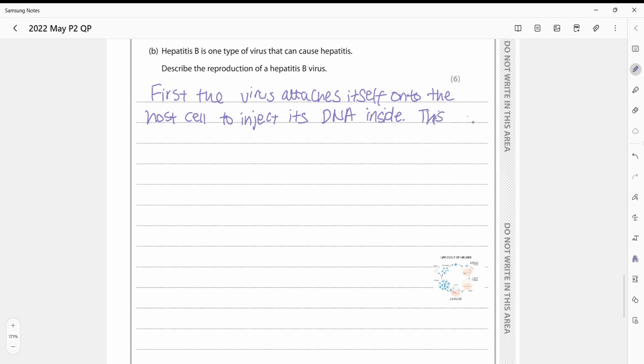This viral DNA can be incorporated into the host genome.